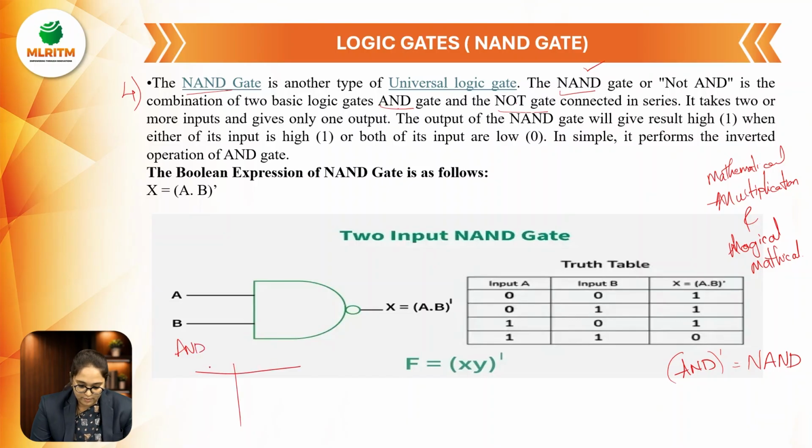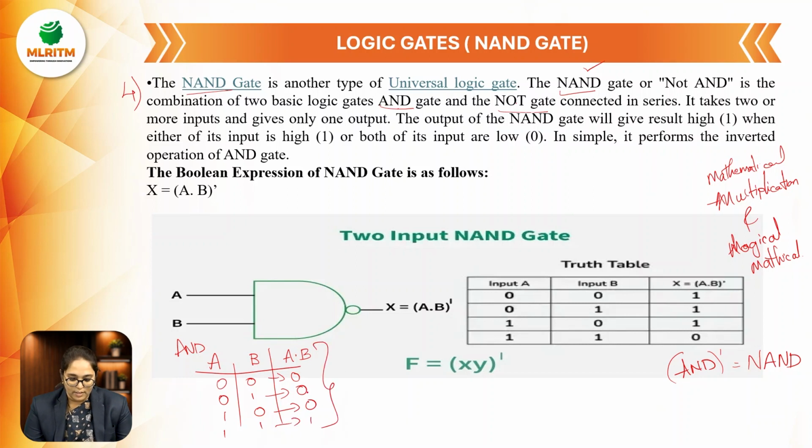The AND gate truth table has two inputs A and B, and the output A dot B. 0 0 results in 0, 0 1 results in 0, 1 0 results in 0, and 1 1 results in 1. So this is the AND gate. When you perform negation on this table, the result will be 1 1 1 and 0.